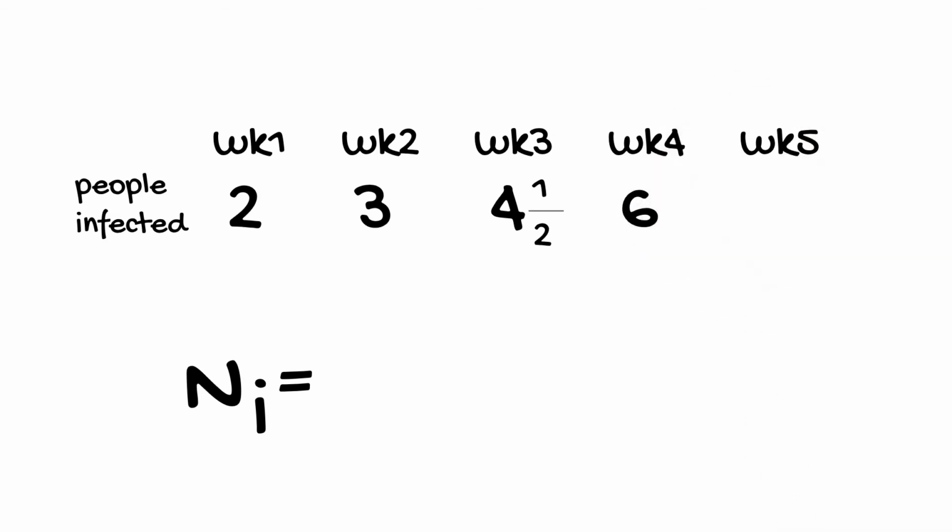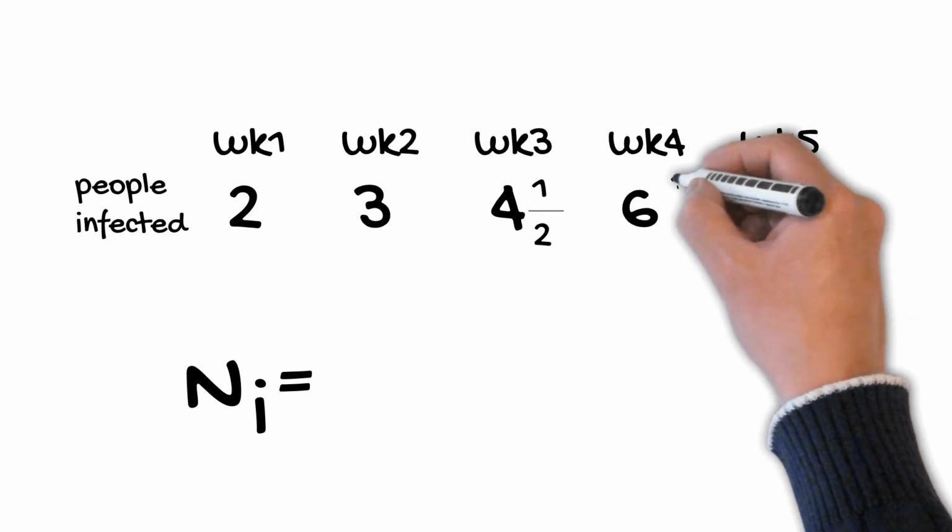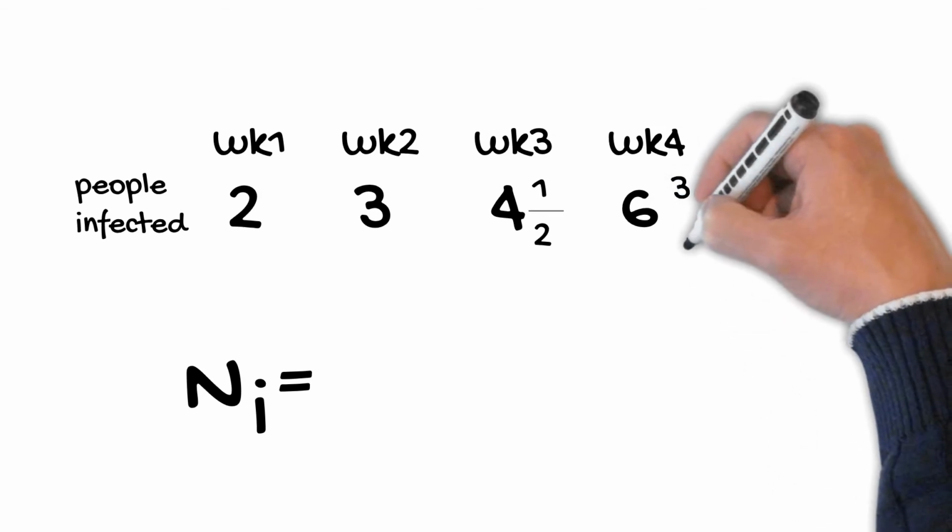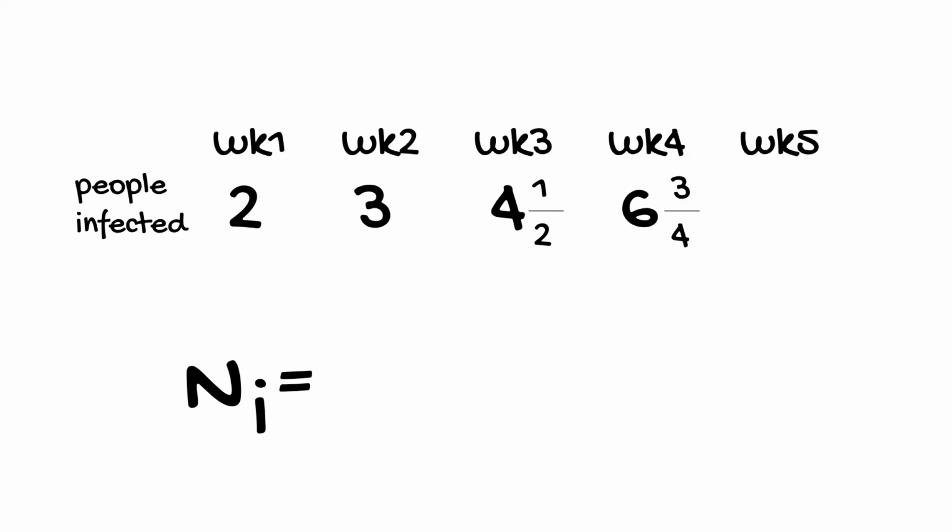But the question is, what would the formula look like in this case? Instead of being 2 to the power of t, since the growth rate is each time you're basically multiplying by 1.5, isn't that correct? 3, 4.5, 6 3/4.